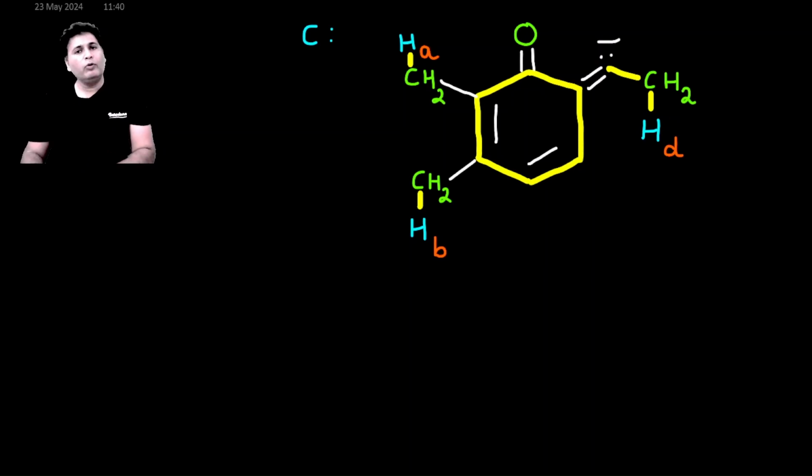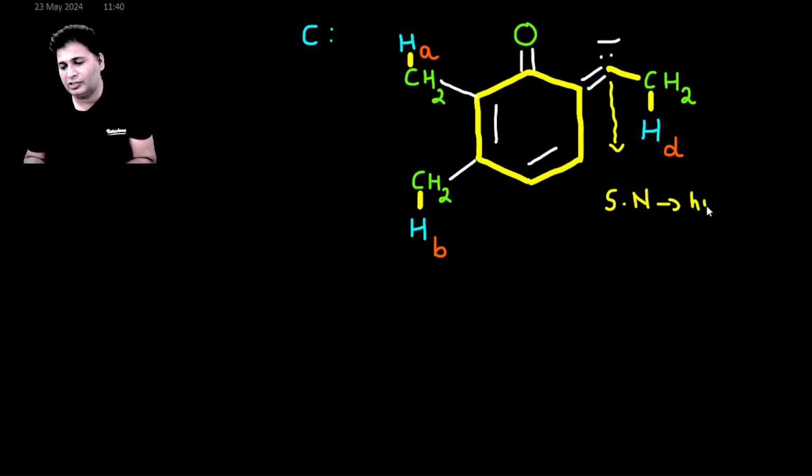Now one thing more I want to say: if you try to see the steric number of this carbon, what is the steric number? I have already told you several times in my previous videos. This helps in finding the hybridization. And how to calculate the steric number?